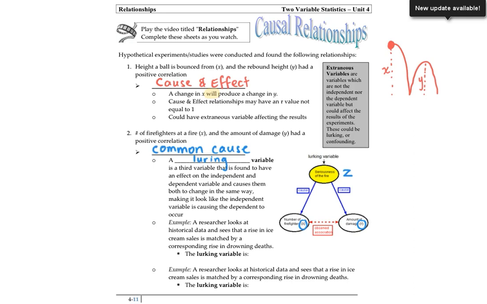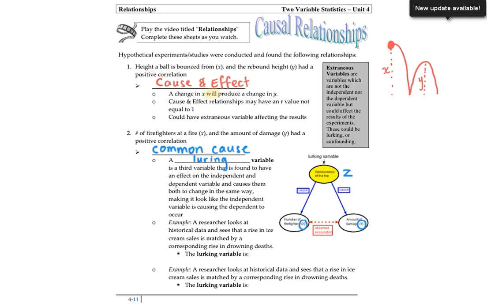Let's take another look at this. An example: a researcher looks at historical data and sees that there is a rise in ice cream sales, and there's also a rise in the number of drowning deaths. Obviously we can't conclude that the number of ice cream sales is causing the number of deaths to occur.